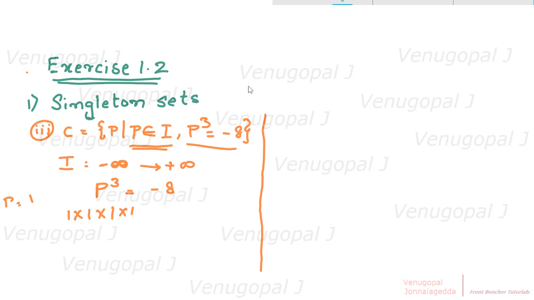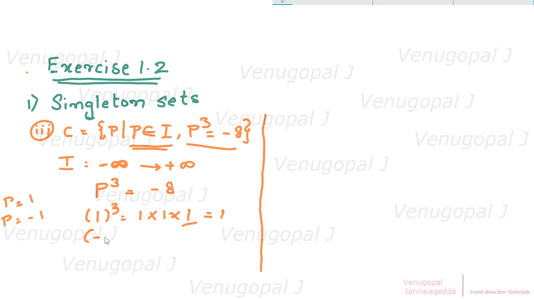Coming back to our problem, let's see if P is equal to 1. I have 1 whole raised to 3, which is basically 1 into 1 into 1. This is equal to 1 only, so we don't get it. So let's take P is equal to minus 1.